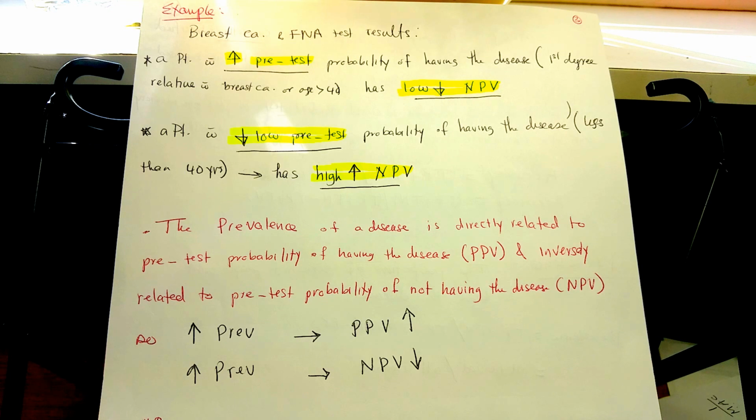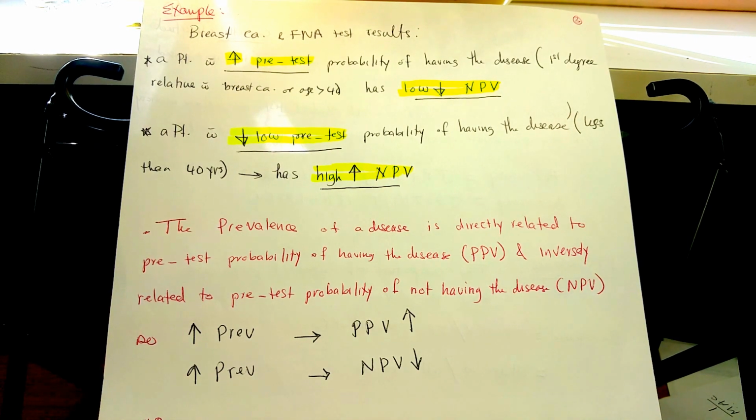The chances he has an increased pretest probability, the chances that he'll be negative, he'll be well, and truly classified as well, will be low. While a patient with a low pretest probability of having the disease, no family history, less than 40, young patient, this patient, if he was classified as a negative, there's a high chance that he will be negative. That means he has a high negative predictive value. Okay?